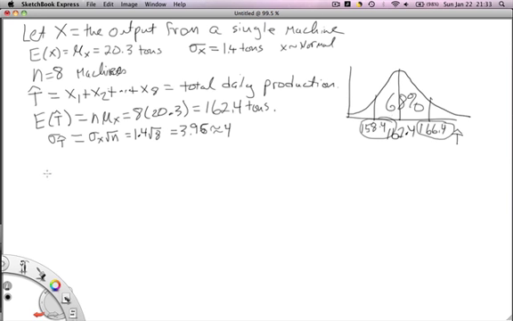Now the rest of this problem discusses x bar, which is the average production per machine. So if we take the amount that we make from all the machines, add them up, divide by 8, we're going to get this x bar, average production per machine.